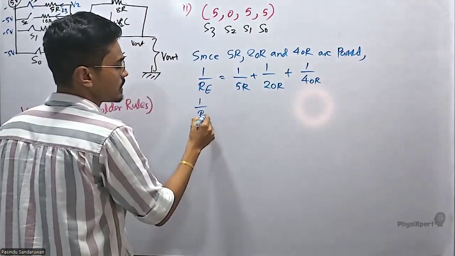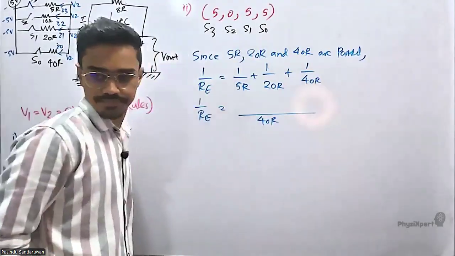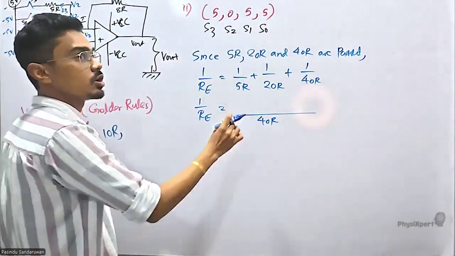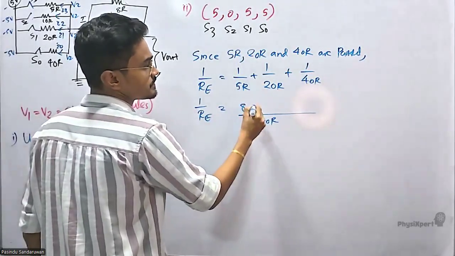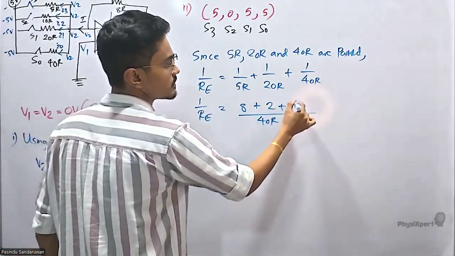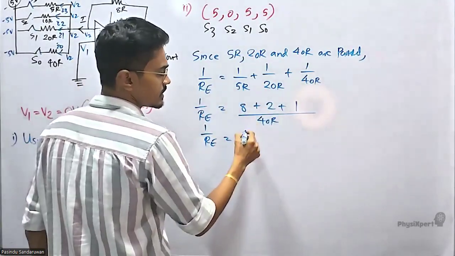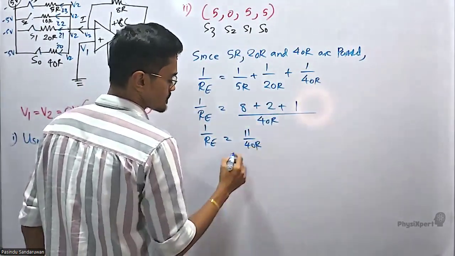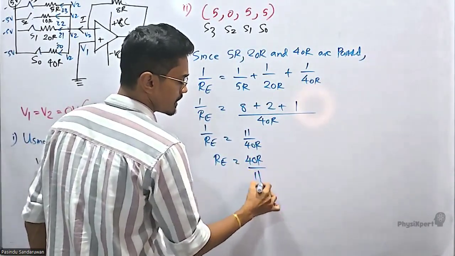Right? So 1 over RE equals, we know 40R will be the common denominator. 5 times 8, 20 times 2, 1. So 1 over RE equals 11 over 40R. So RE equals 40R over 11.